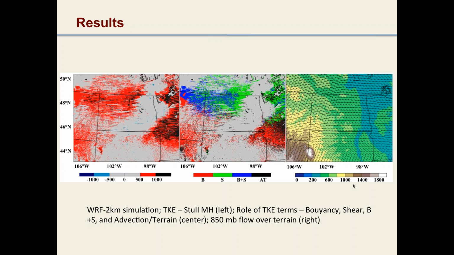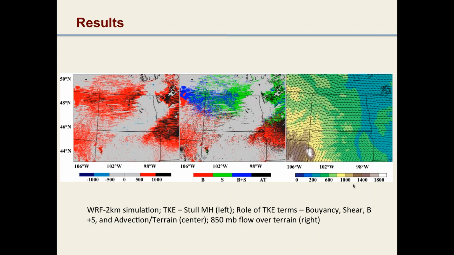Kind of down in the southeast corner of Minnesota, you can see the reddish popping up as buoyancy, and then there's a little bit of black, which is kind of advection. And then kind of up in the northwest there in North Dakota, you can see the blue, greens, and shears dominating, but then also buoyancy and shear are contributing.